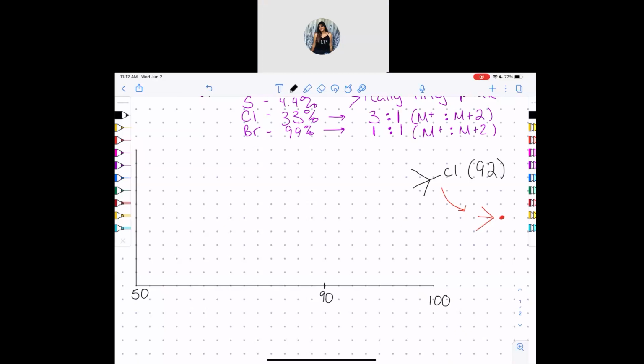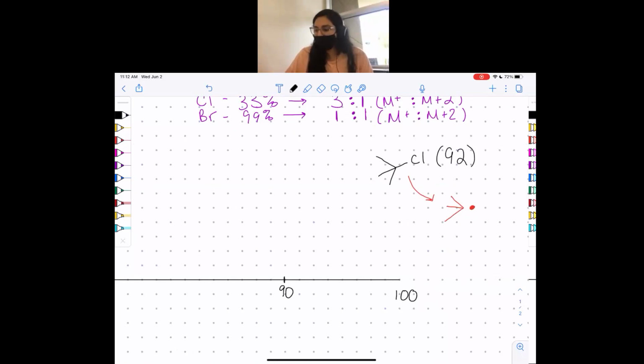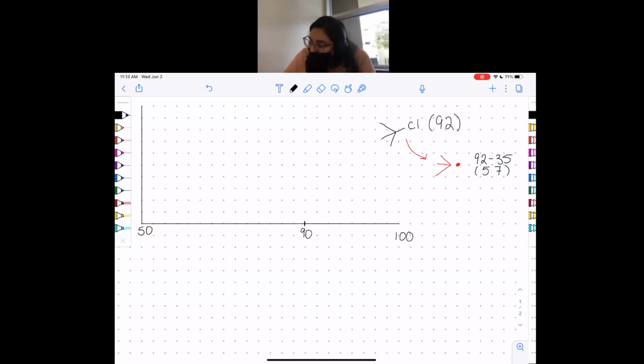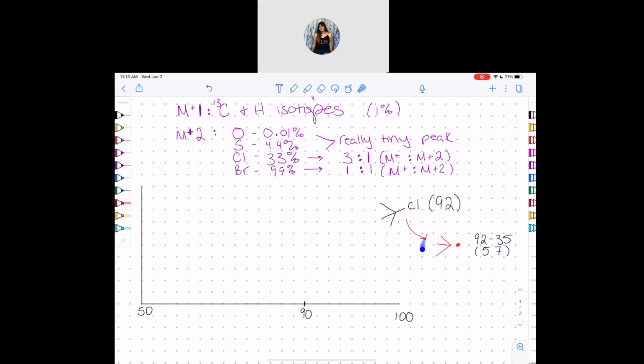Yes. I use the mass as 35 for this example, so I'm just going to write 92 minus 35, which is 57. And the 57 comprises the mass of the carbons and the hydrogens. Yes, precisely.